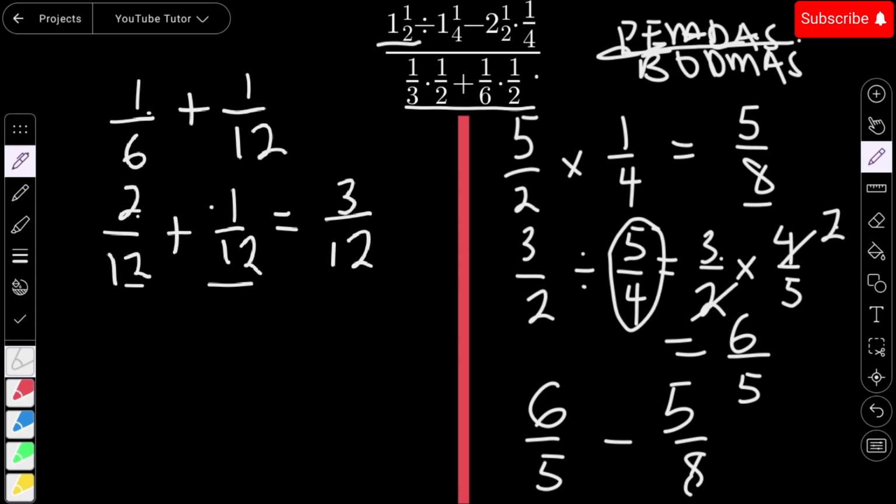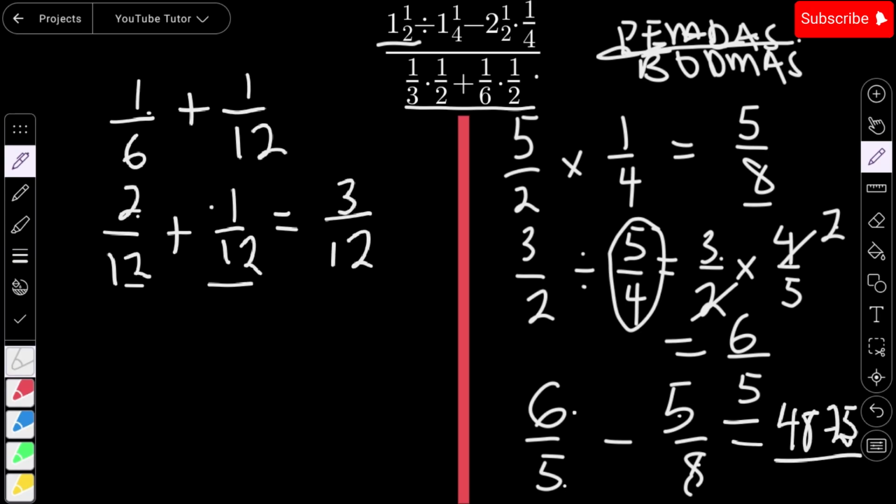So now 6 over 5 minus 5 over 8 ends up giving us, if you do what we call butterfly method, we get 6 times 8 giving us 48 minus 5 times 5 giving us 25 all over 5 times 8 gives us 40.